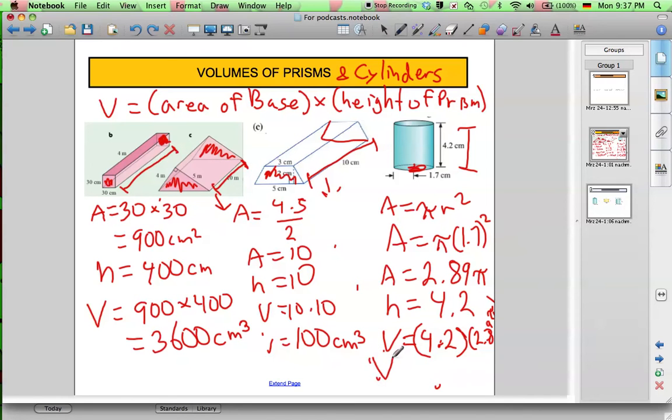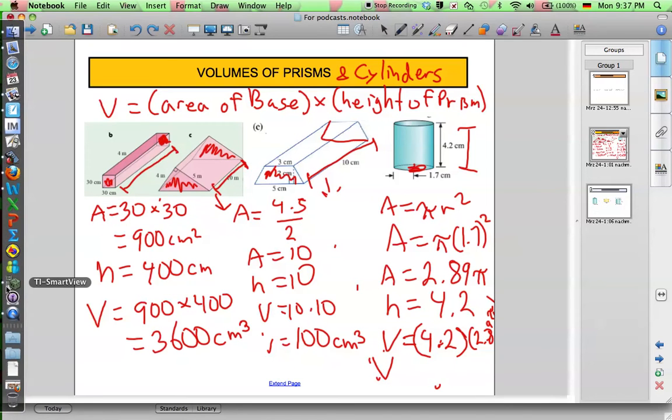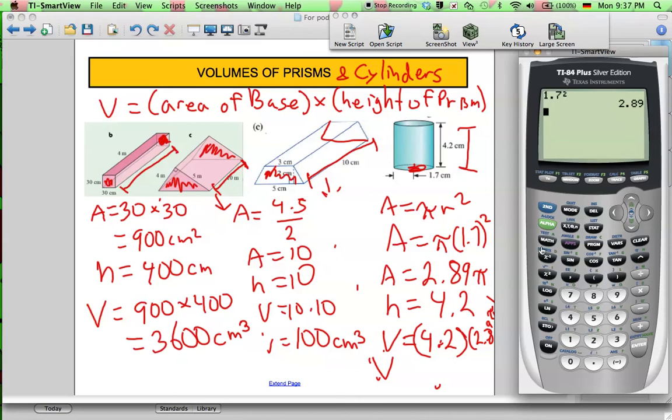So the volume here, if we type that in the calculator, we got 2.89 there already. Let's multiply by 4.2 and then multiply by pi, which is over here, second function. There we go.